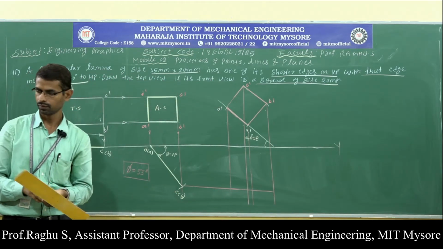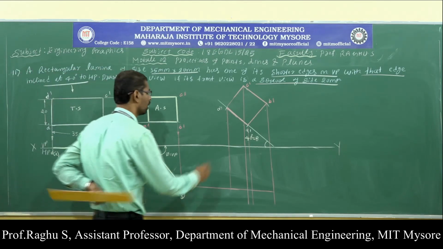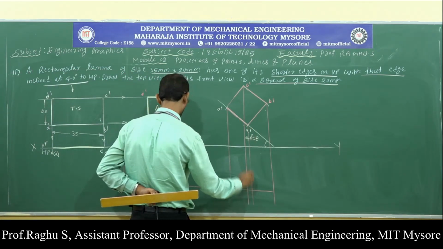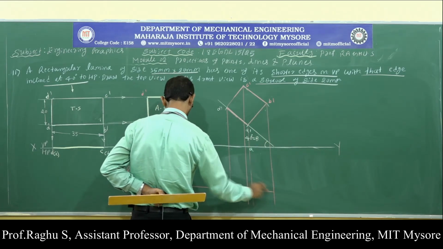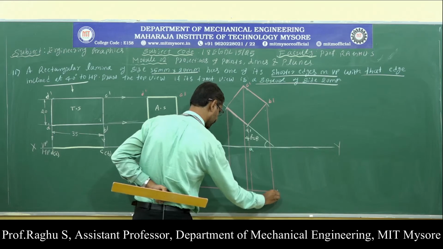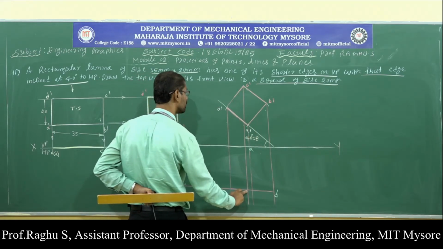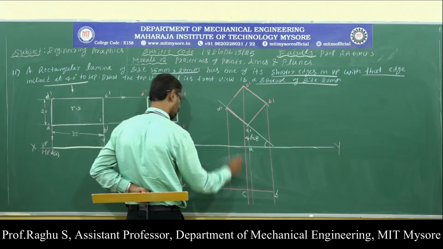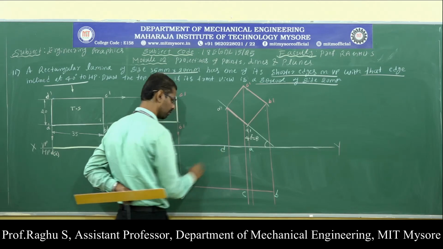Okay, next do the naming. Vertical projection of point A, horizontal projection of point A, this is A. Vertical projection of point B, horizontal projection of point B, this is B. Vertical projection of point C, horizontal projection of point C, this is C. Vertical projection of point D, horizontal projection of point D, this is D.